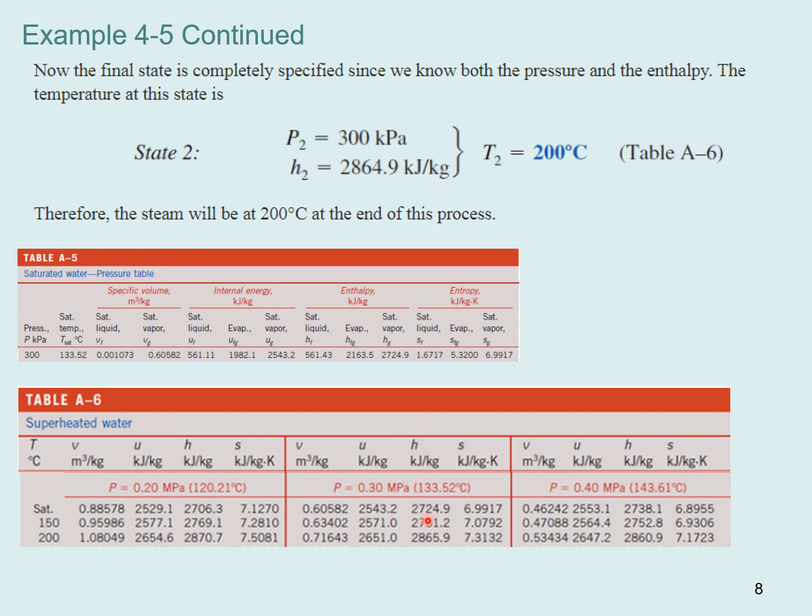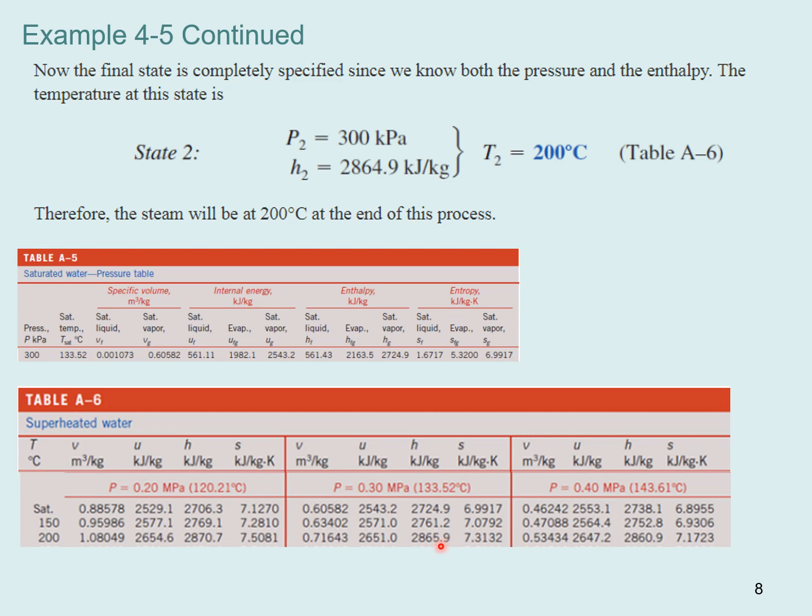You read the temperature here and run all the way across to get in the right column for the pressure. At 150 degrees C it's 2,761. We're bigger than that, so you go to the next one, 200 degrees C. Well, we're smaller than that. So we're somewhere between 150 and 200 degrees C.